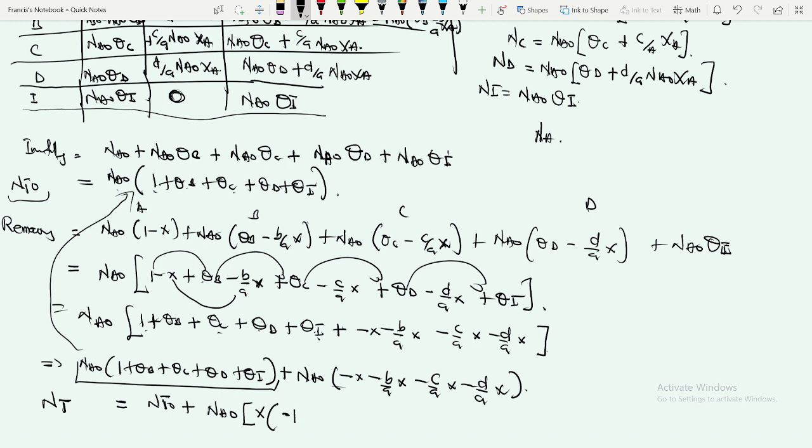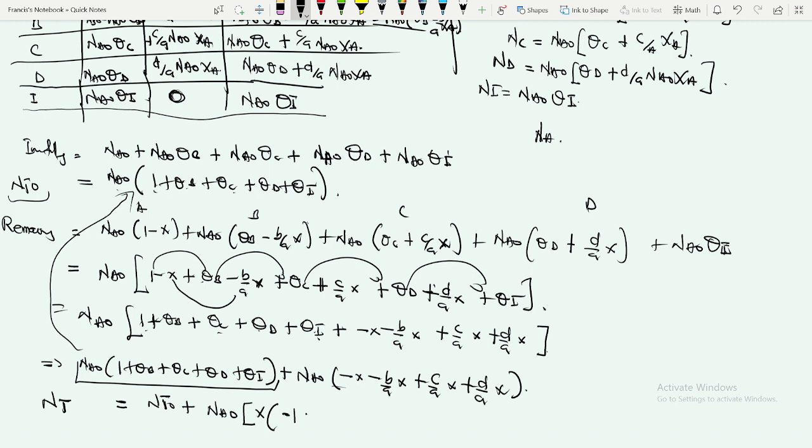So negative 1 minus, sorry, this were plus, right? For the products, they were plus. I missed something. So I said that the products are positive, but the reactants are negative. So c plus C, right? So we have plus here, plus here.